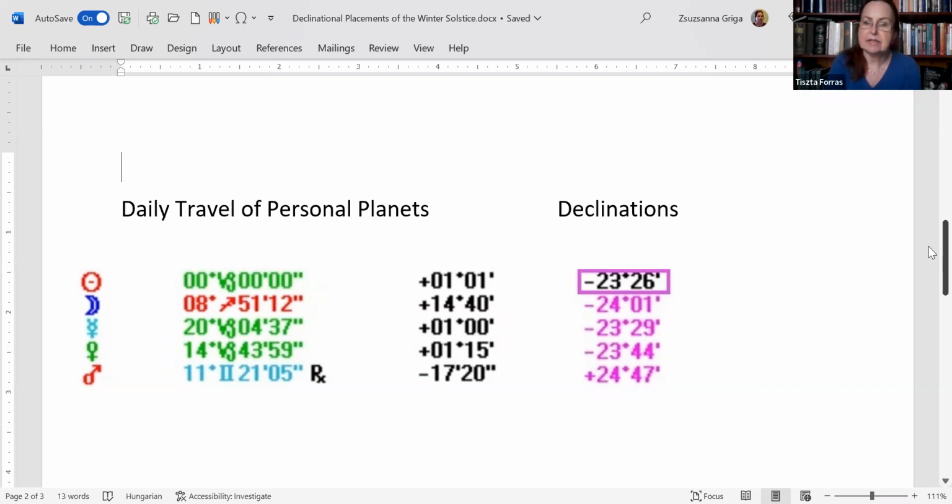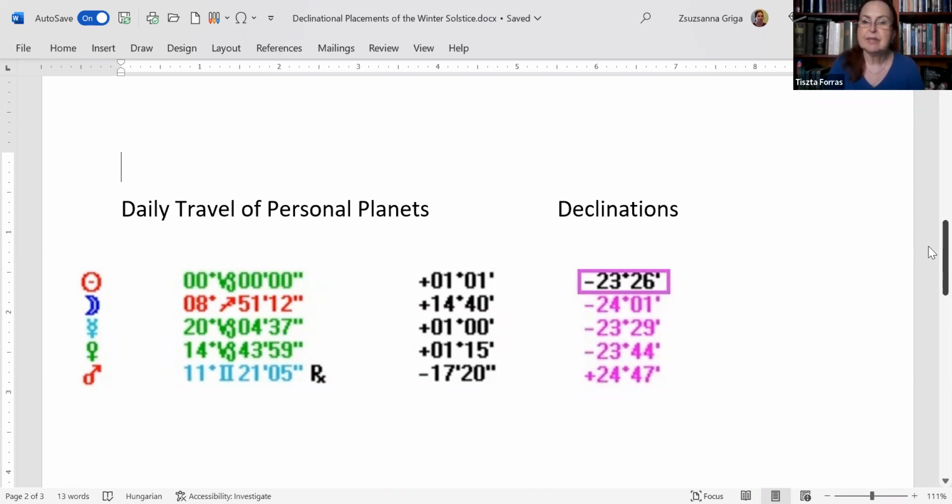The Sun is at its southernmost declination, 23 degrees and 26 minutes. That is the position for the Sun when it's extreme, its most extreme position. Technically speaking, the program didn't put it in a magenta color because the Sun cannot technically be out of bounds since it is defining the ecliptic, but in karmic astrology we consider this position as extreme, as out of bounds.